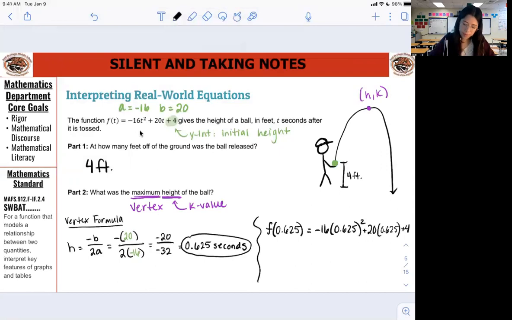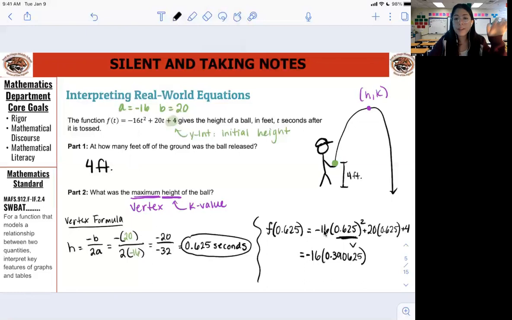Exponents first. So 0.625 to the power of 2. What do I get? 0.390625. Okay, big number, right? Write it all down.